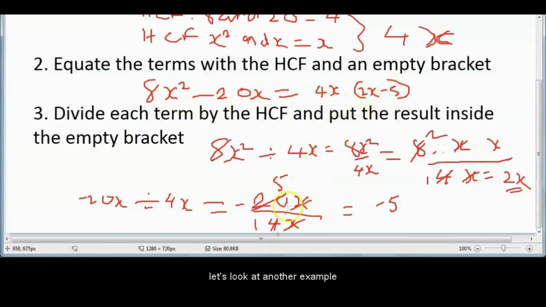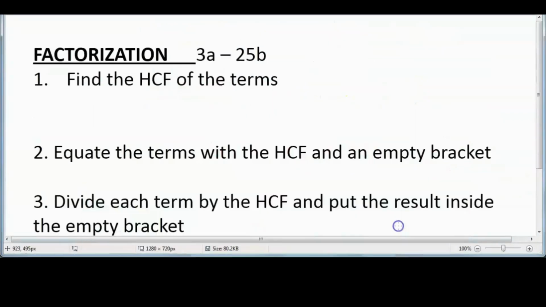Let's look at another example. 3a minus 25b. Find the HCF of 3a and 15b. So we can see the HCF of 3 and 15.